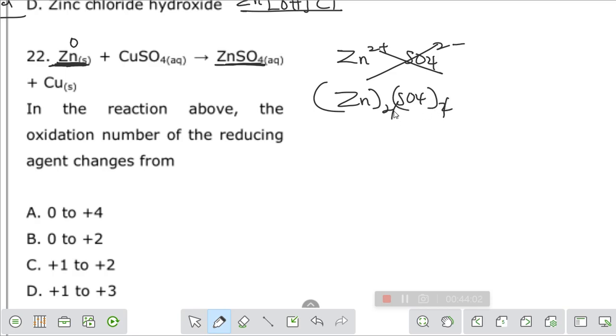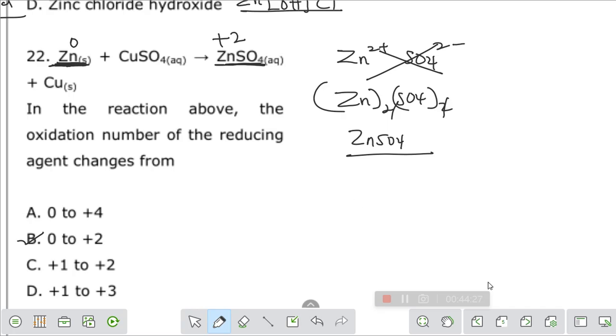That's how we get ZnSO4. So it means zinc carries +2. They now ask how the oxidation number of the reducing agent changes. It changes from 0 to +2. So that's the answer. All the +1 options are wrong. The answer is 0 to +2.